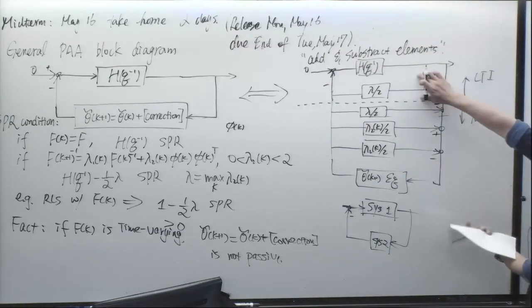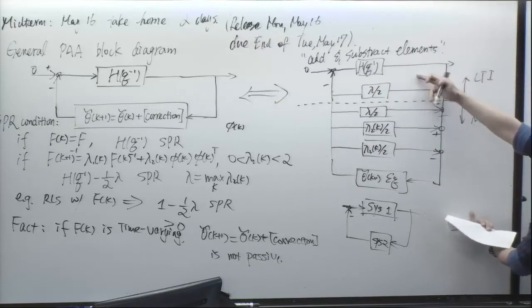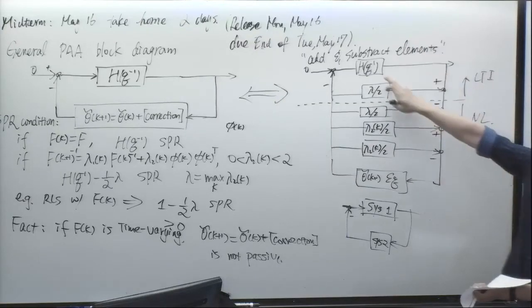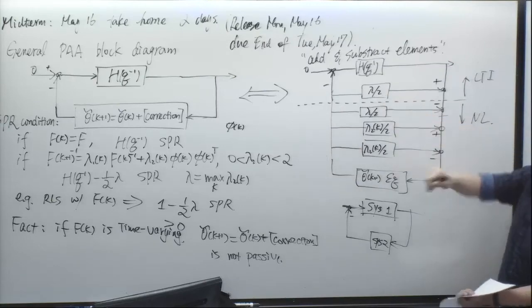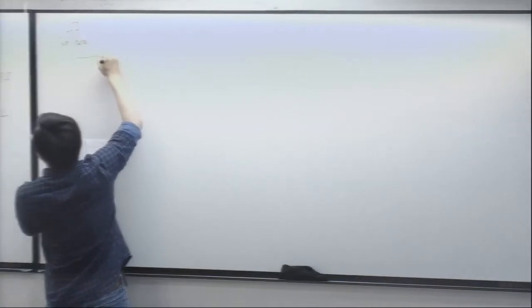Actually, let's work on the top part first. So the top part, we know is still LTI. This is LTI. This constant is also LTI. So it is still LTI. It looks like this.